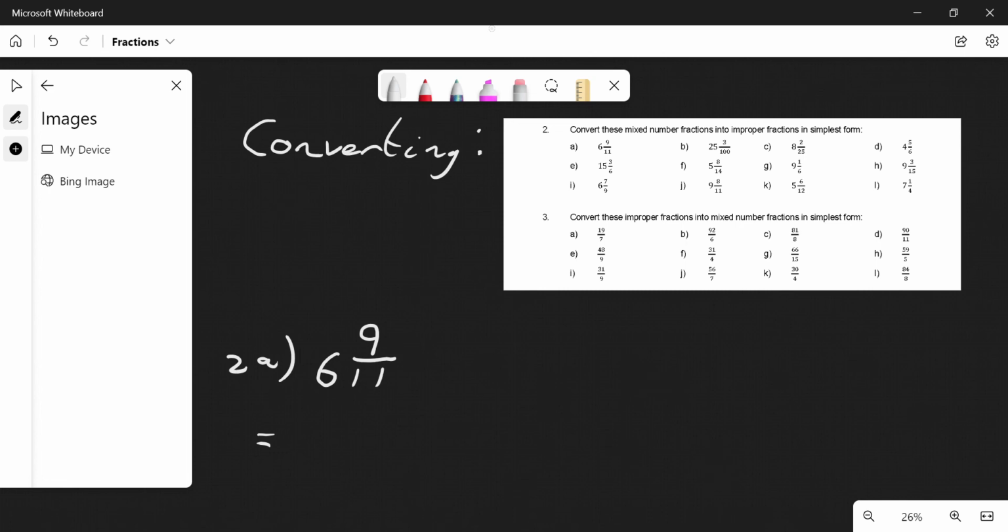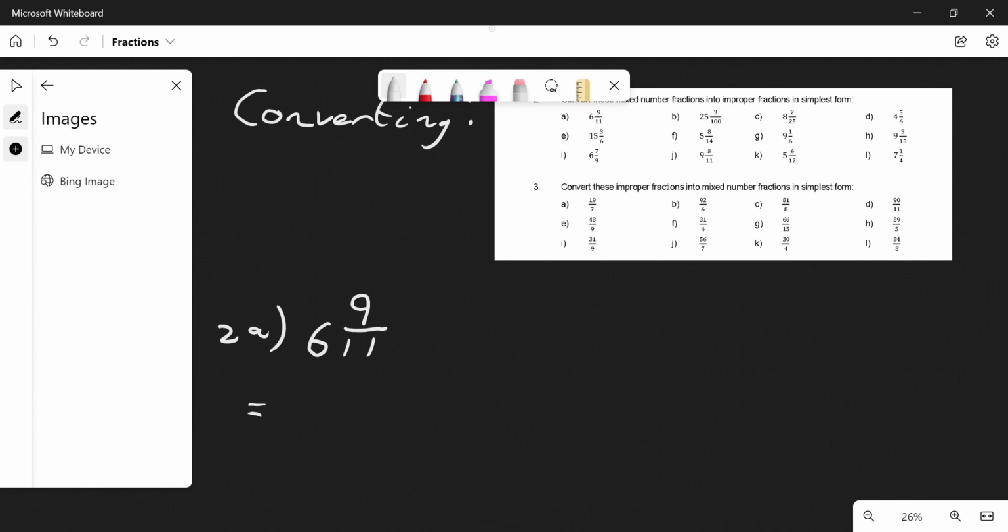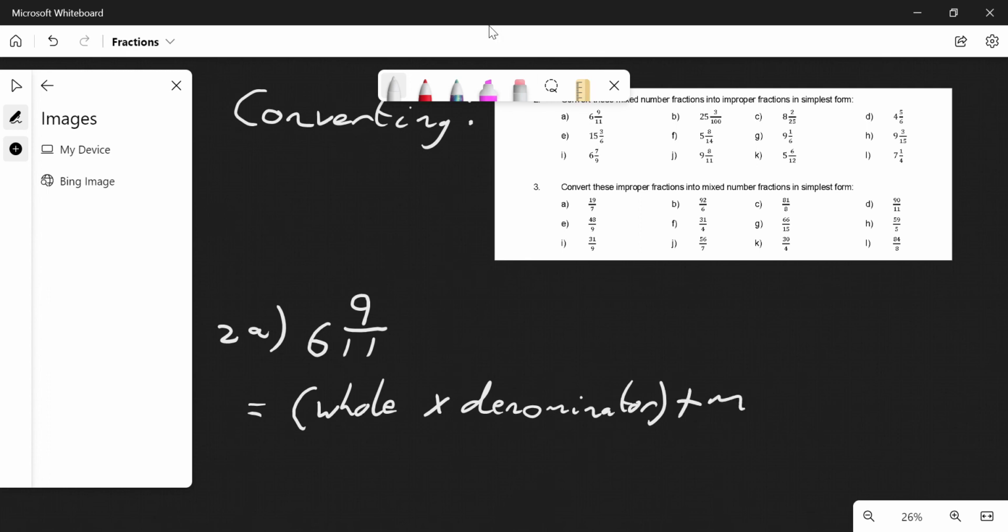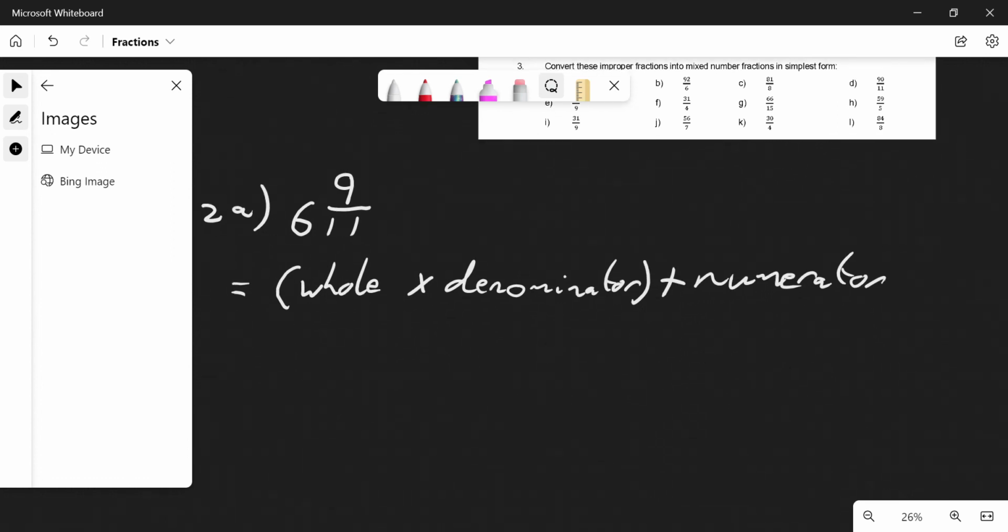So what you're going to do there is take your whole number, multiply it by your denominator, and then add your numerator. It's a little equation: whole number times your denominator plus your numerator. So that's our little formula there for converting.